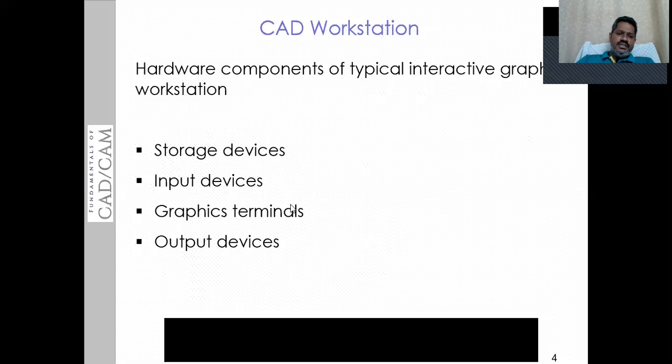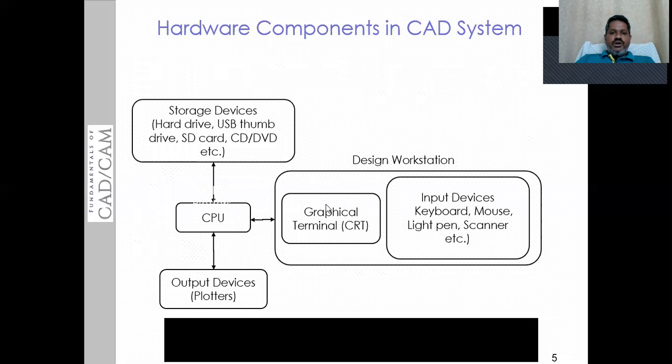Along with these four devices, the CAD workstation also has the central processing unit, like a computer. So when you move forward, we will see the hardware components used in a CAD system. This is a typical diagram which shows the configuration of hardware used in a CAD system.